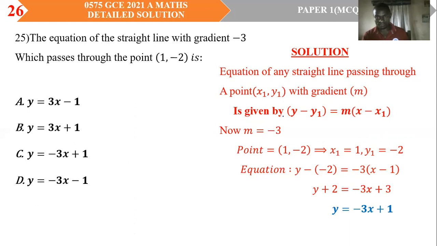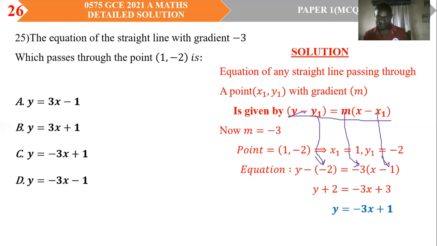And looking at this general equation, when a point is given and the gradient is known, we simply replace y1 with what? With this -2. We replace m with -3, which is the gradient, and we replace x1 with 1.